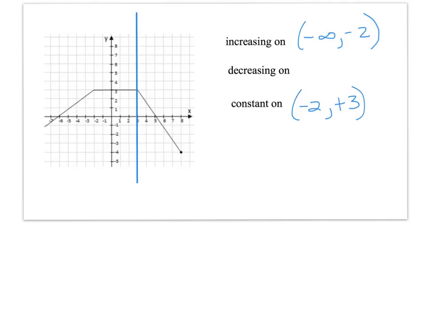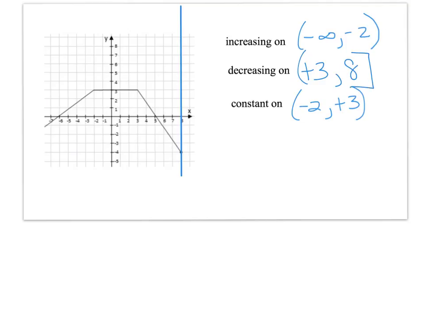And then lastly, from +3 going to positive infinity, or actually in this case we have a dot, we have a finish point. And because we have an end point, then we decrease from +3 to +8, and it's a solid +8 because of that finishing point.